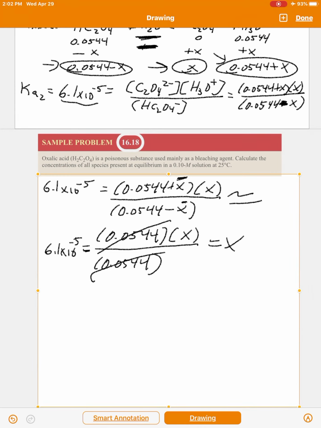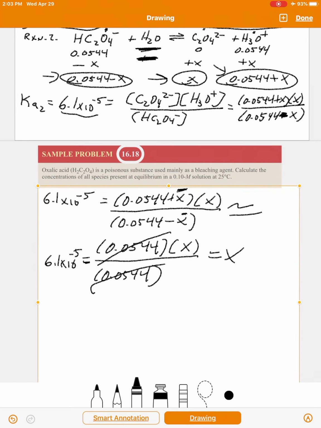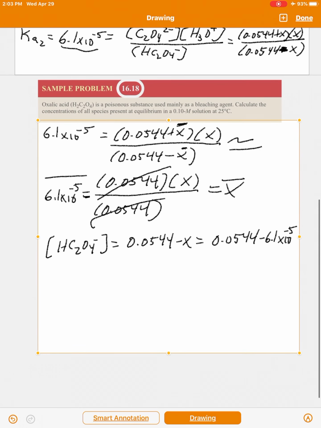It's going to be the concentration of HC2O4 minus, which is 0.0544 minus X, which is 0.0544 minus 6.1 times 10 to the minus 5, right? Because X is equal to that value right there. It's actually equal to Ka2. Isn't that interesting?